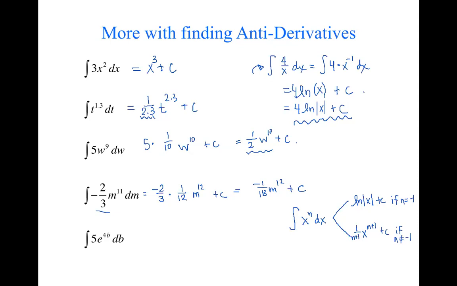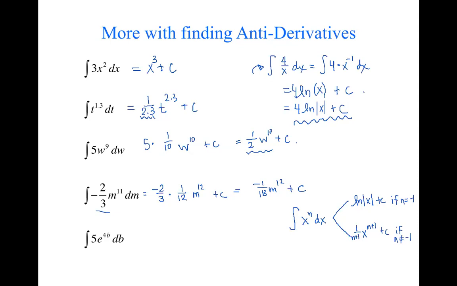And e to the x was its own derivative. E to the something else is usually close to its own derivative. For instance, if I were asking you to take a derivative of this, it'd just be 5 e to the 4b and then chain rule times 4. So the difference between this and its derivative is just a factor of 4.